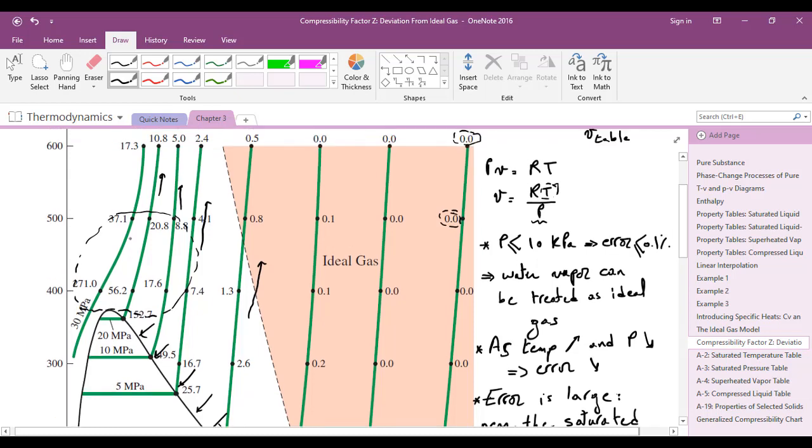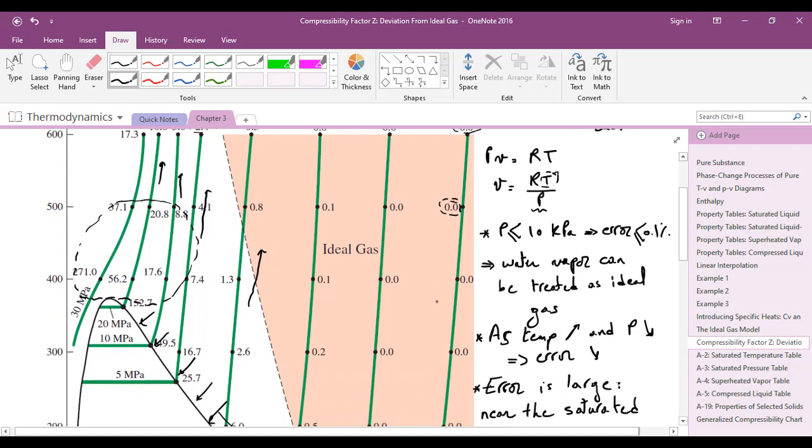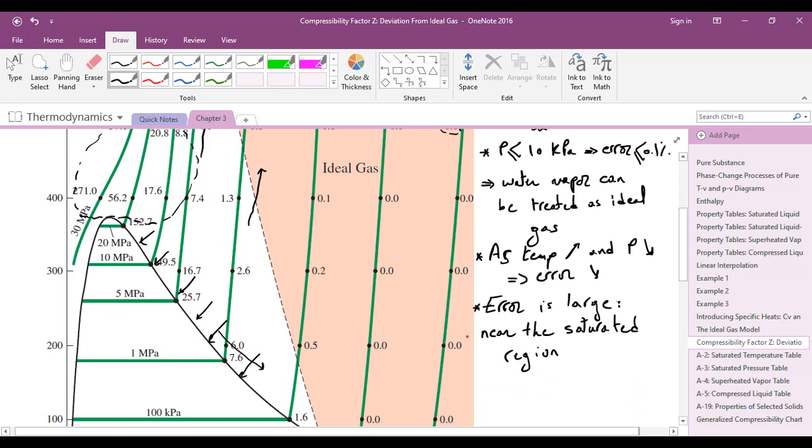We need to be well above the critical point in order for the error to decrease. The critical temperature for water is approximately 374 degrees Celsius. So at around 600 and at a pressure of 5 megapascal, this error is 2.4%. So it is high near the saturated region and near the critical point.